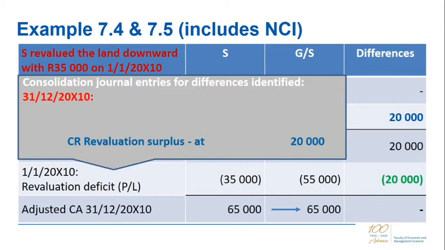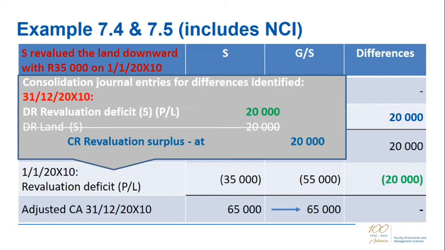I cannot change that value in the group. The debit entry goes to the line item in S that's different from what I wanted to be in the group, and that has been identified as the revaluation deficit through profit and loss. In the TB of S, it's 35,000 Rand.